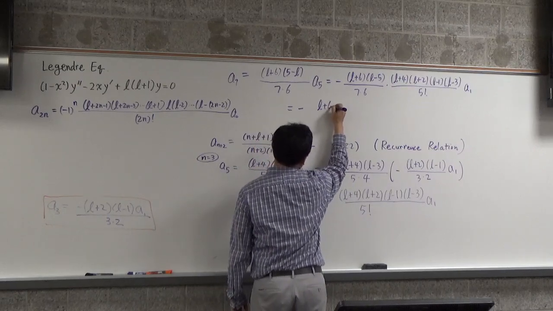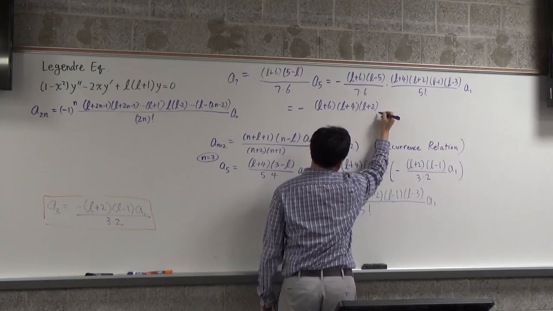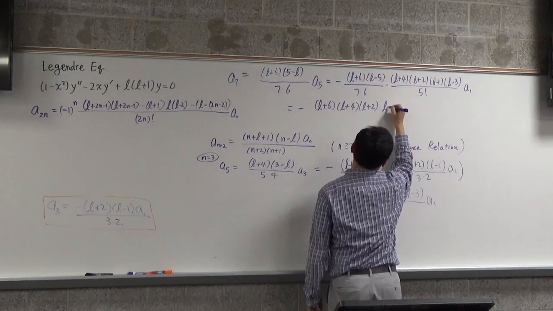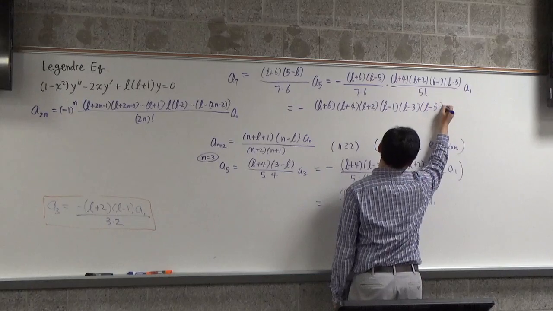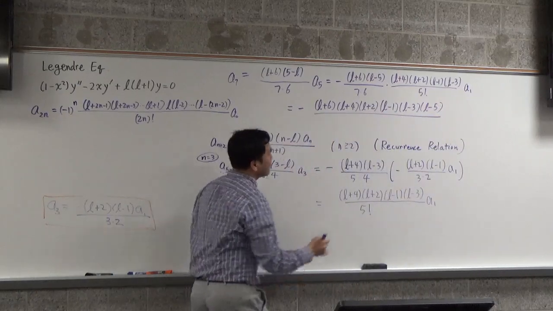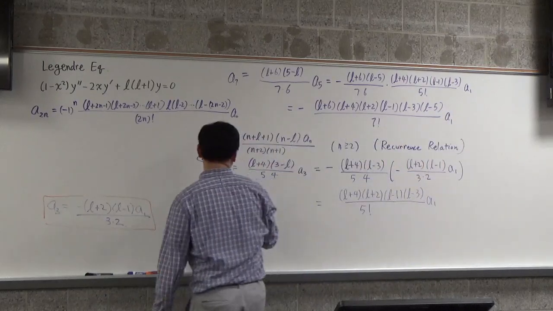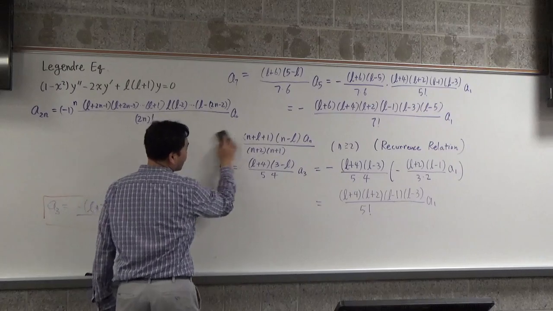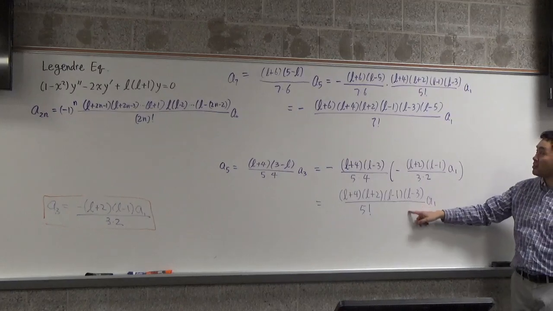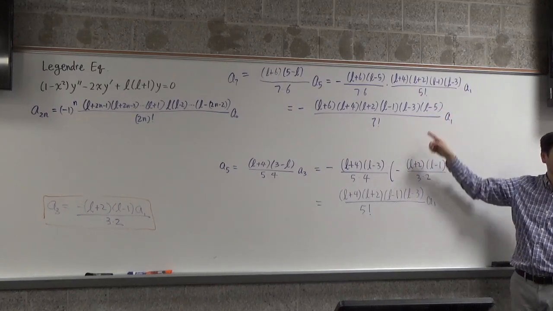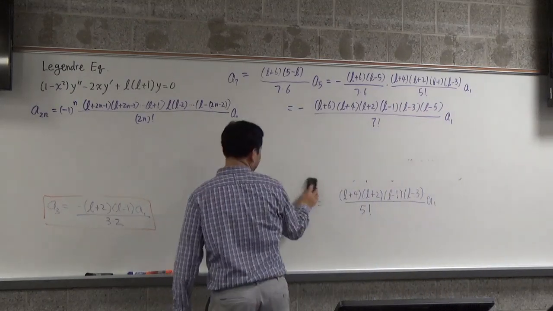You see from L plus 6, all the even numbers are present. And then you get all the odd numbers, L minus 1, L minus 3, L minus 5, over 7 factorial A1. So we found the odd terms. Now you see that these both follow the same pattern, so we're just going to try to write down the general pattern for this.